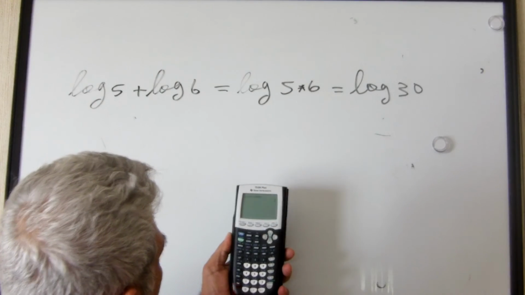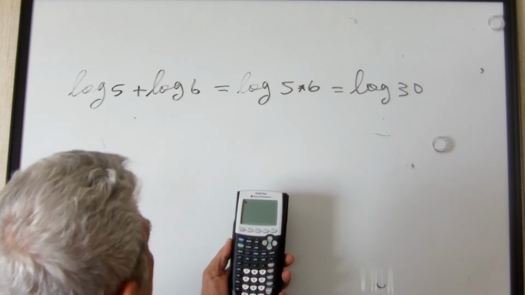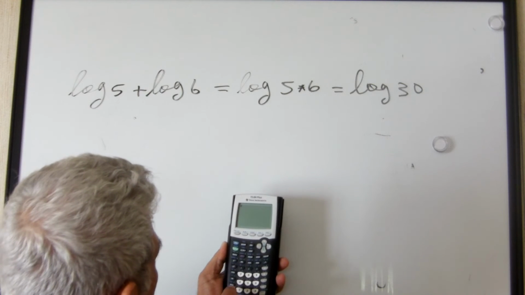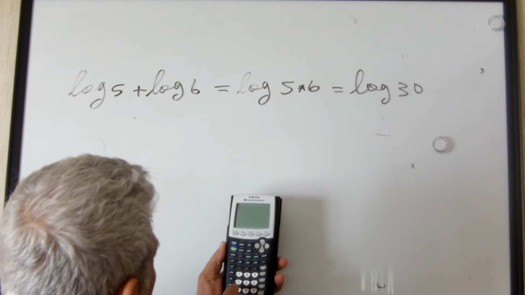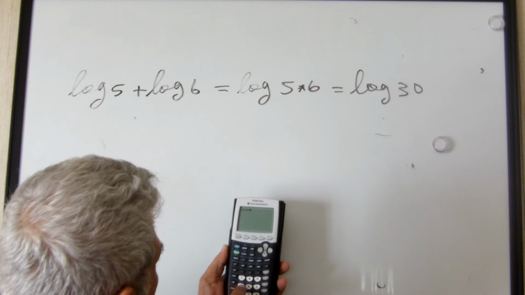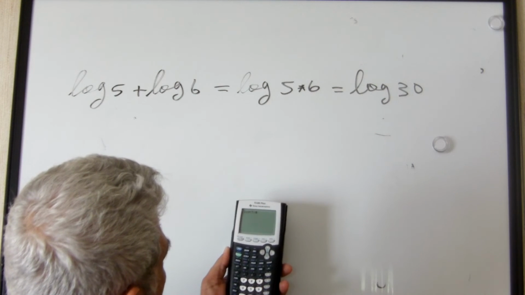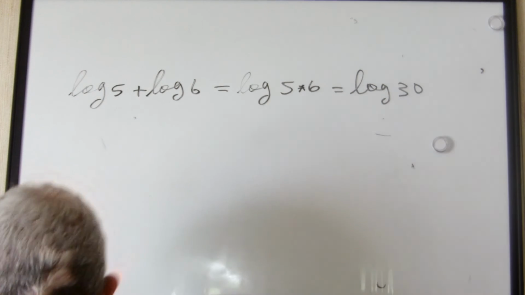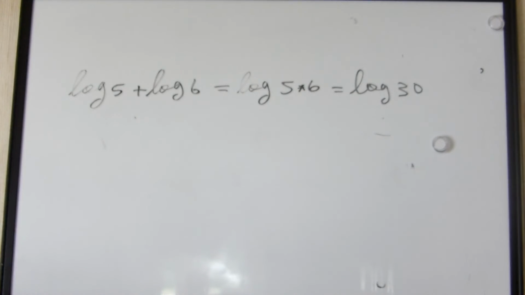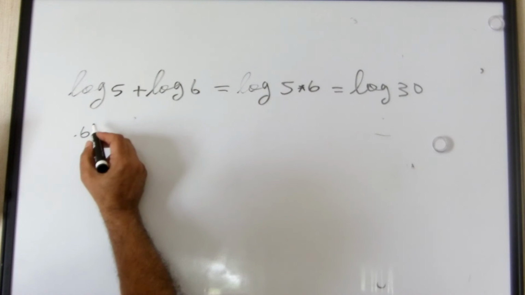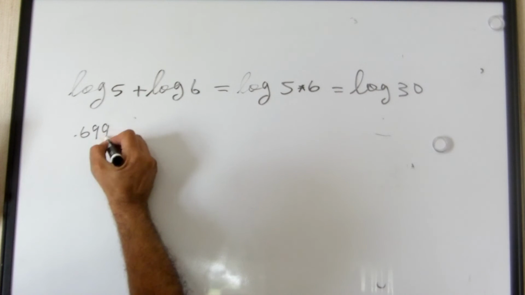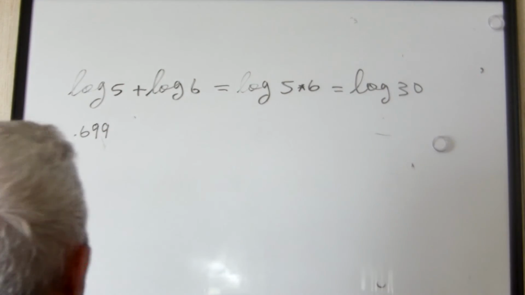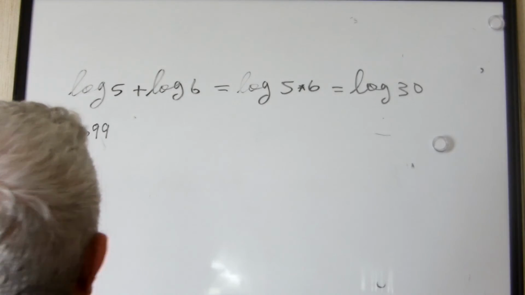We turn this on, clear. You say log 5, what's going to be? It's going to be 0.699. We round it up to 3 decimal places.